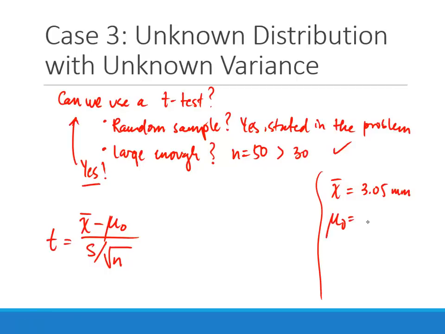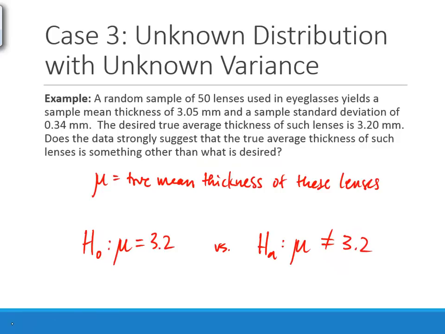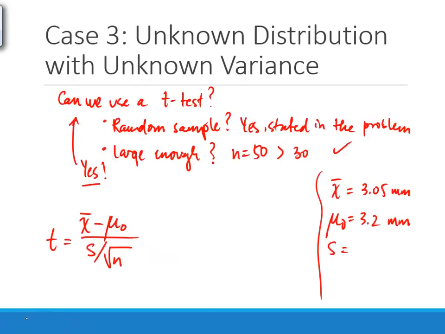What is mu 0 here? 3.2, right? That's the value that's coming out of my null hypothesis. My sample standard deviation S is... What's my sample standard deviation? 0.34, yes.